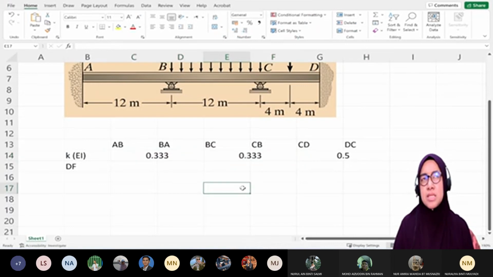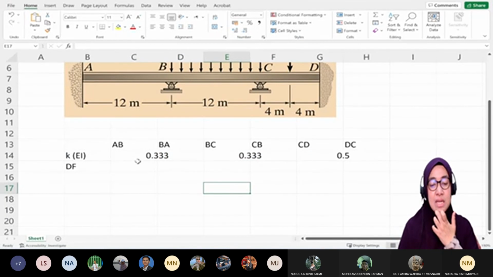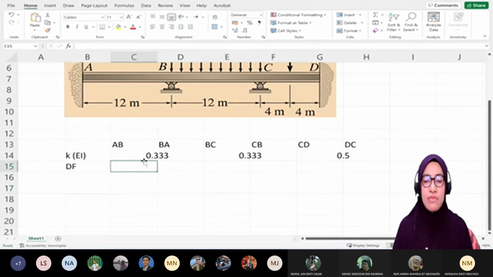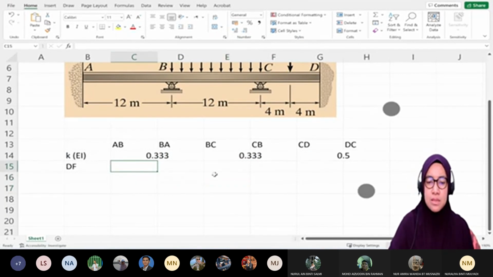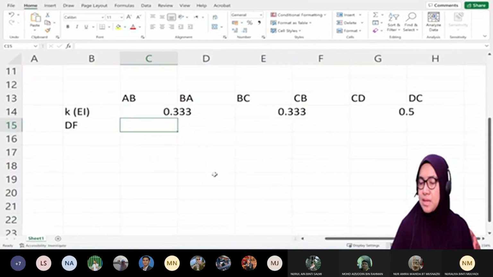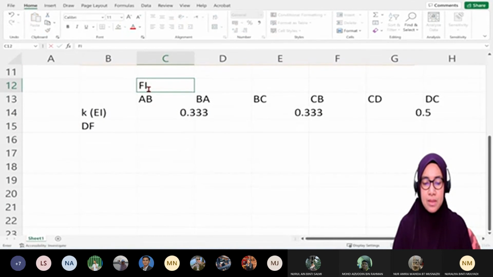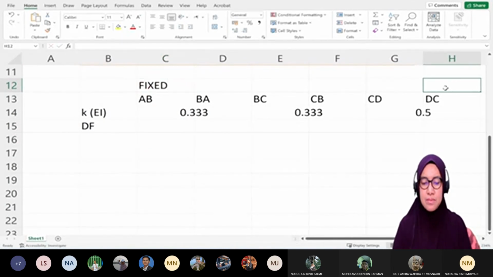Okay, take 3 decimal point. Okay, so distribution factor for A, because it is fixed, and here fixed. D is also fixed.